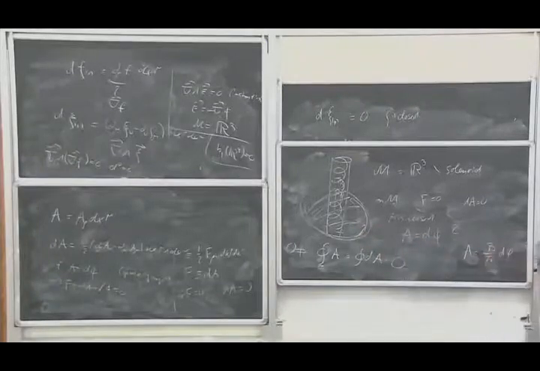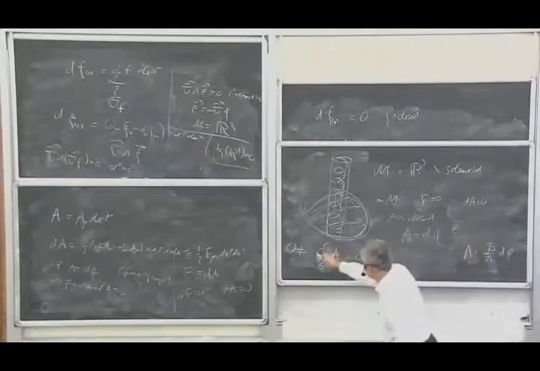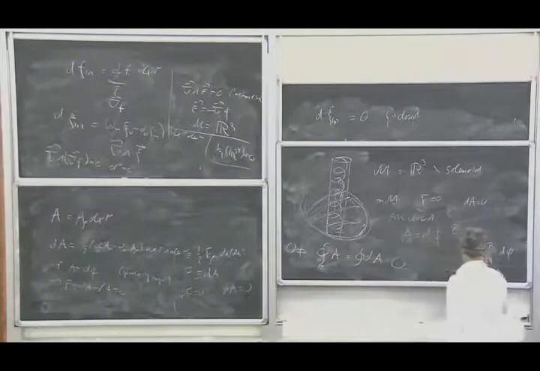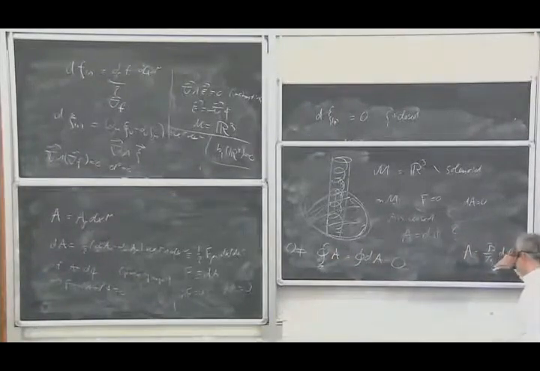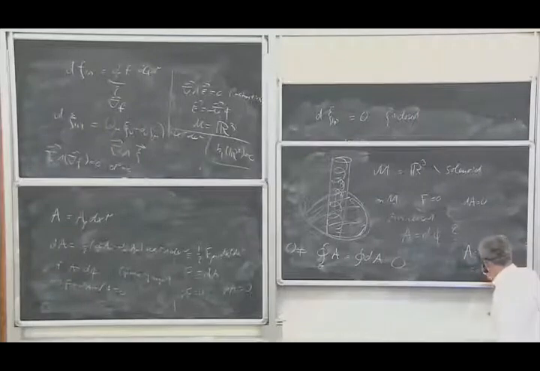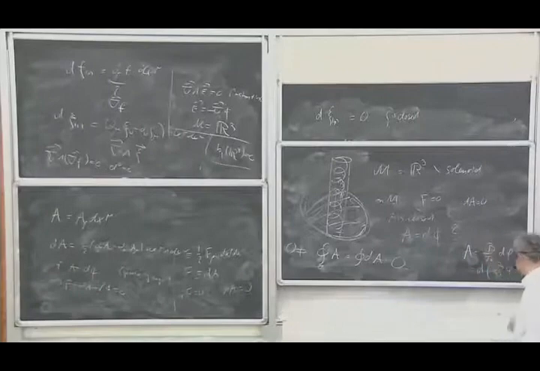And then if I integrate A around the circle from 0 to 2 pi, I'd get just the flux of B, the total flux of the magnetic field. So it looks like A is d of something. It looks like this is d of (B over 2 pi times phi), but phi is not something which is well defined.